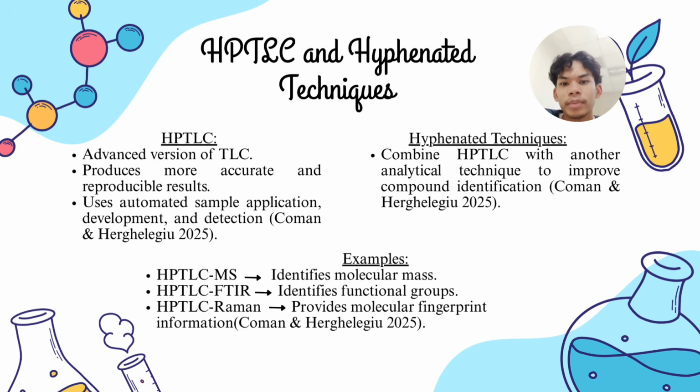For example, HPTLC-MS is used to identify the molecular mass of a compound, HPTLC-FTIR identifies functional groups, while HPTLC-Raman provides molecular fingerprint information. By combining these techniques, forensic scientists can identify unknown compounds more accurately.